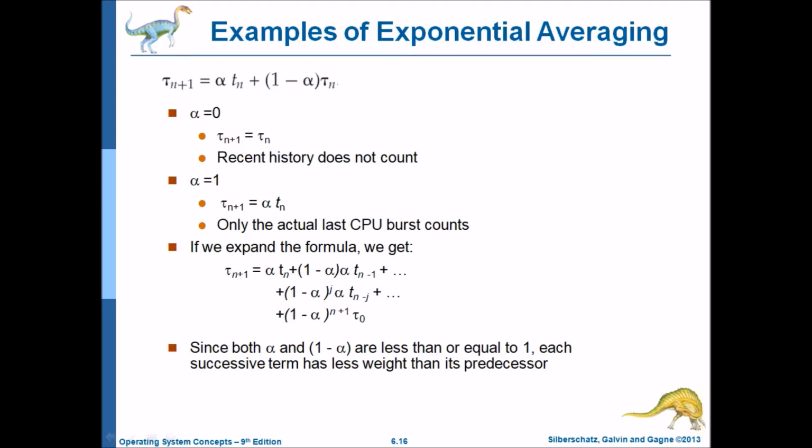So if we expand the formula, we get the prediction tn plus 1 to be these values: a tn plus a(1 minus a) tn minus 1, because we substituted tn with tn minus 1 and so on and so forth.